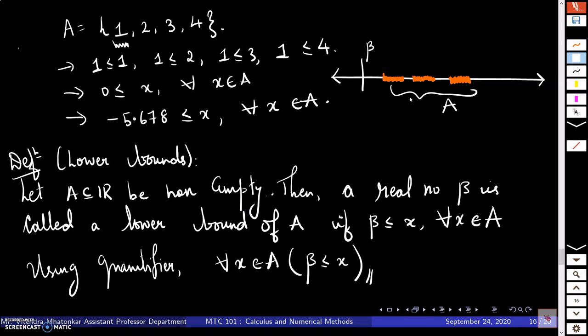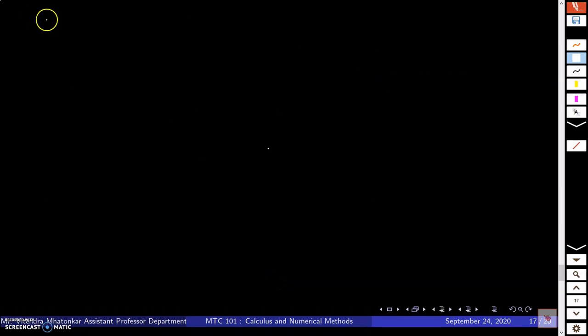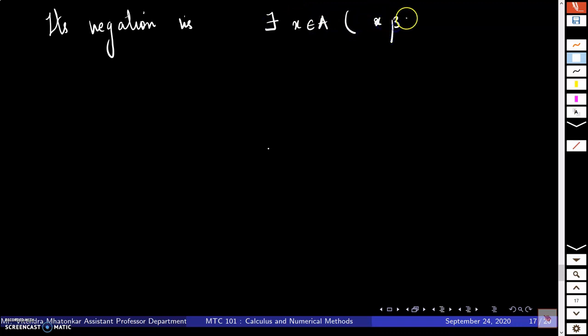Now, when will I say that beta is not a lower bound of A? That means I'll have to negate this. So its negation is, you all already know what negations are, there exists a point x in A such that beta is strictly bigger than x. So there is a point x in A which is less than beta, then only beta will not be a lower bound.